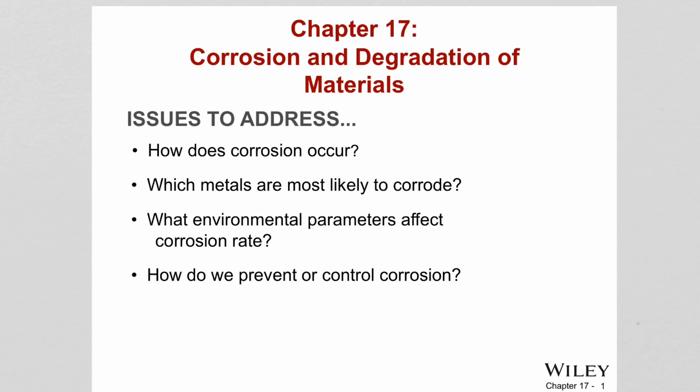For example, for polymers, degradation is more likely when they are exposed to UV lights, sunlight, that will degrade their properties. Or for ceramics, deterioration can happen at elevated temperatures or extreme environments. So deterioration mechanisms of each type of material will be different.